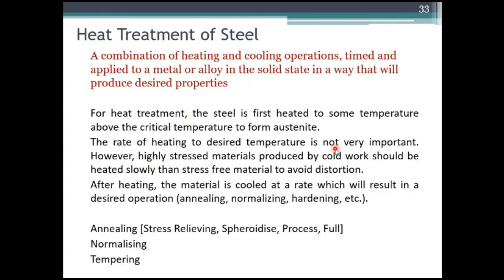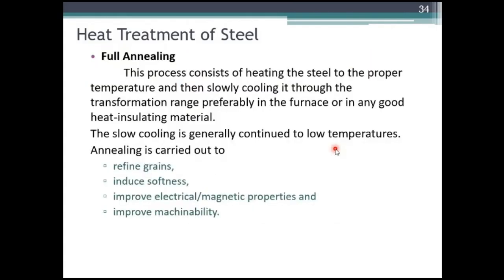The rate at which it is cooled will decide the type of heat treatment process, whether it is an annealing process, a normalizing process or a tempering process. So a combined heating and cooling operation applied to a metal or an alloy in a solid state, in such a way that it produces a desired property, is called heat treatment of steel.